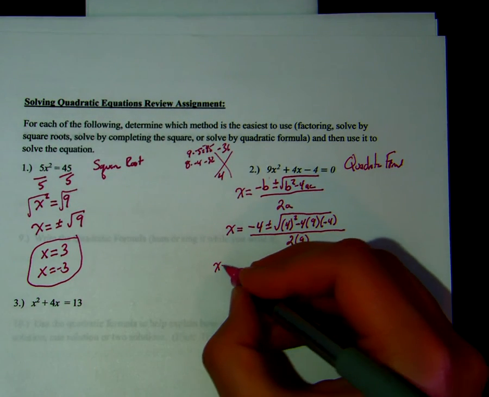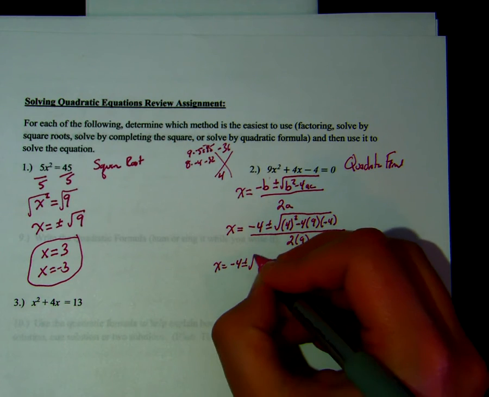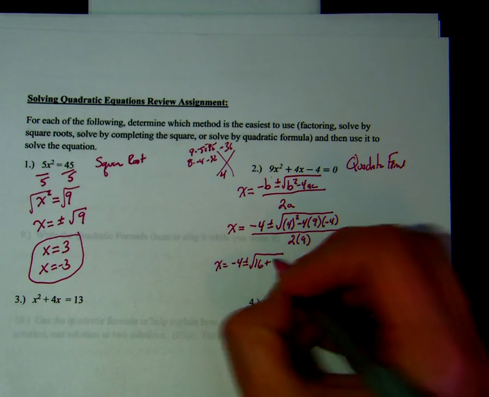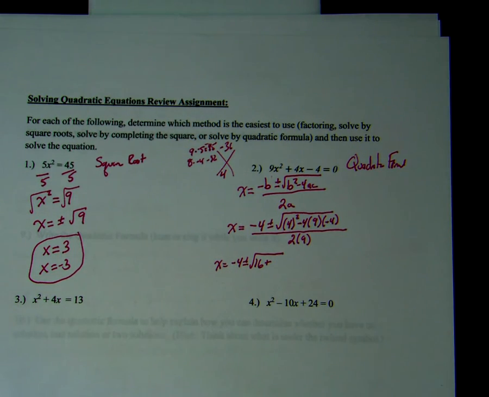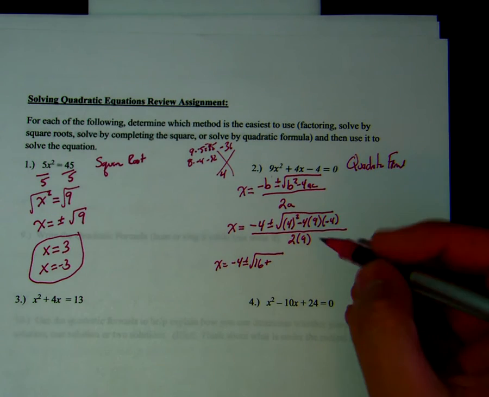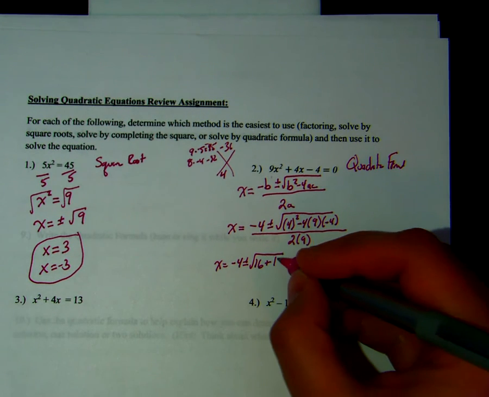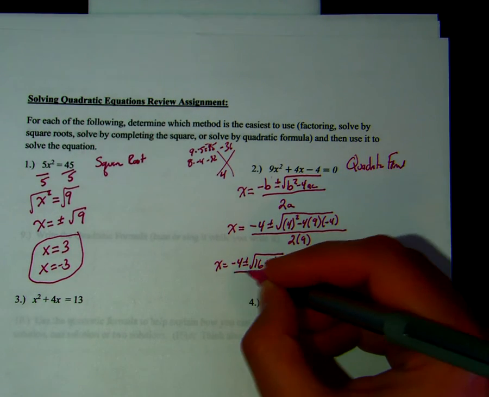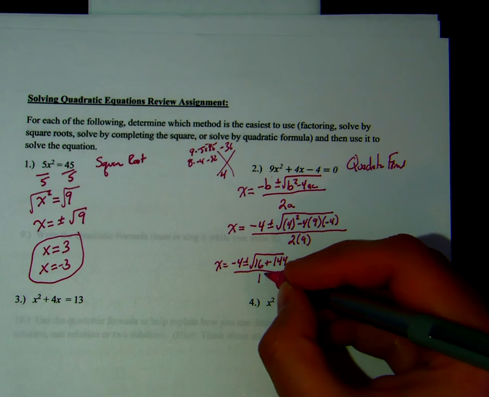So we get x equals negative 4 plus or minus the square root. This is going to be 16 plus, because I have two negatives there. So 4 times 4 is 16 times 9 is 144, all over 18.